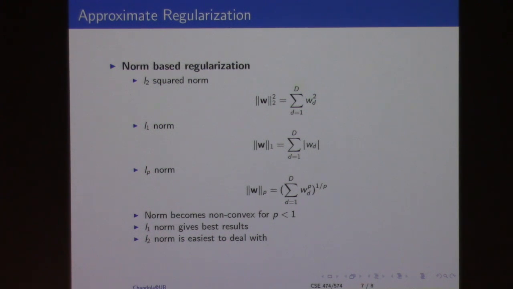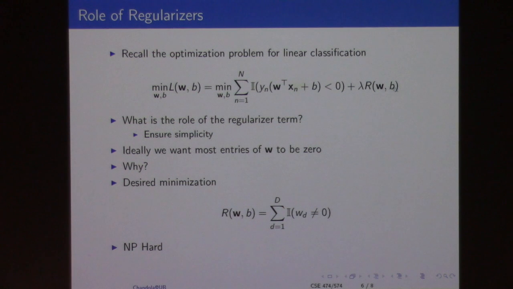The only thing you need to ensure is that you have a way to learn that. You can't just say, I'm going to have cos of W transpose something as my regularizer. You can't stop there. You will also have to show that there is a way to optimize for this regularizer, all right? So that is the point.